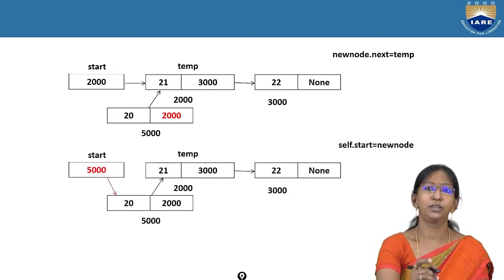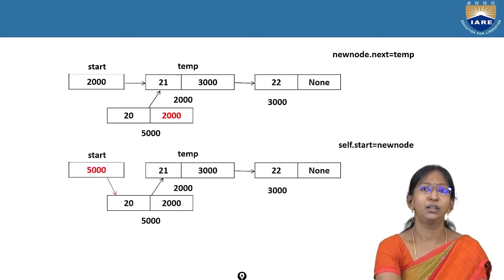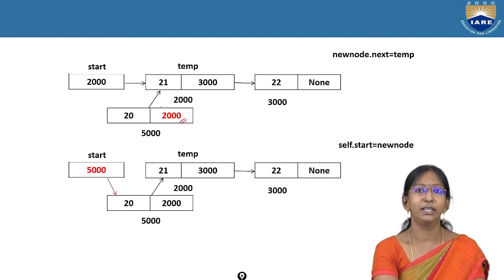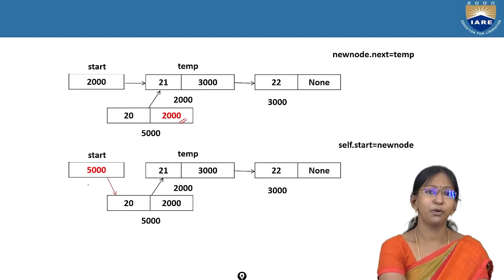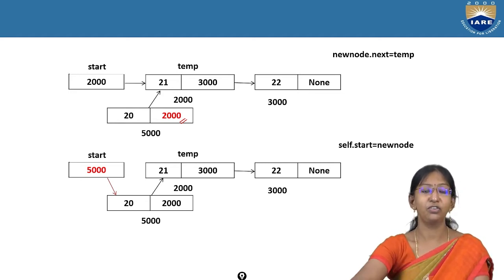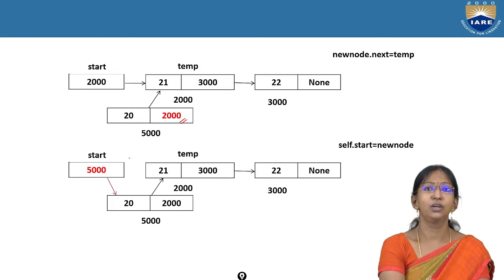We have two steps. First of all, the first node's address, that is temp's address 2000, is placed in the next part of the new node. Thereby I have placed a link between the new node and the first node. Then, as the start pointer holds the address of the first node, and I want to change the first node after insertion, the address of the new node is placed in start.